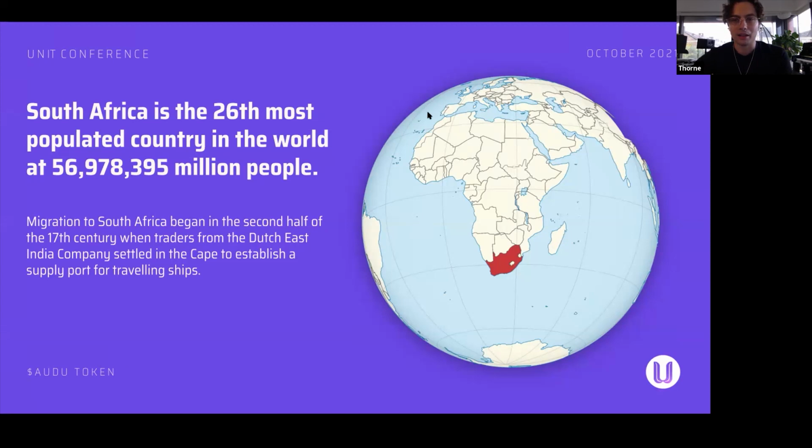So from the Netherlands, you would have boats coming all the way around. They would need to close this loop, and then on their way back up to India, there was a little stop over here. So a little bit later down the track, the British rolled in as well to set up a similar sort of supply port.